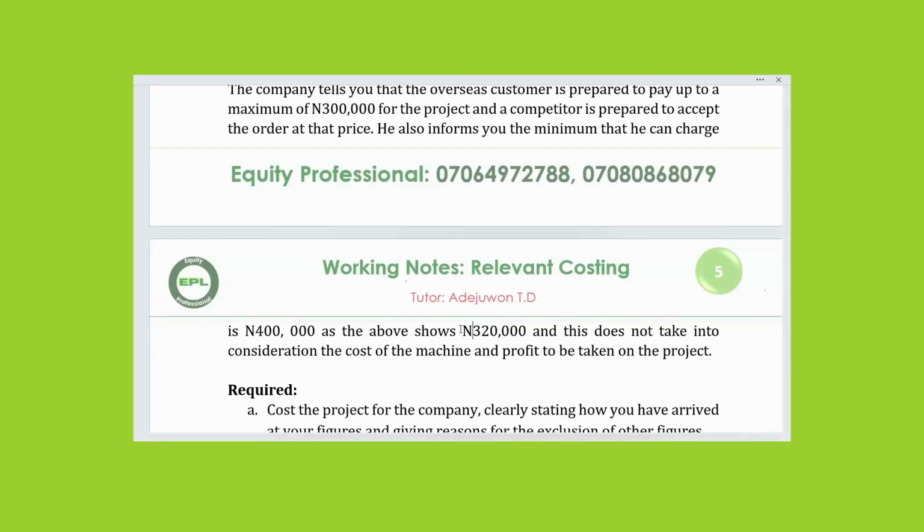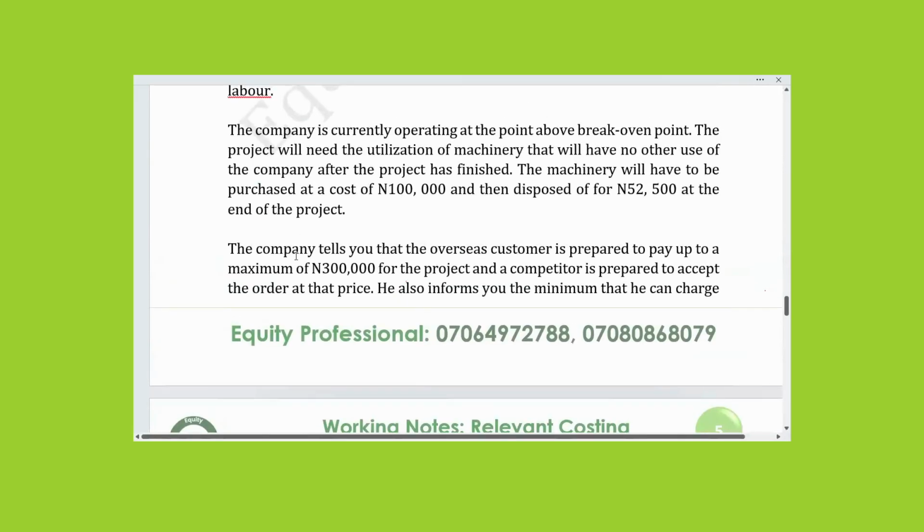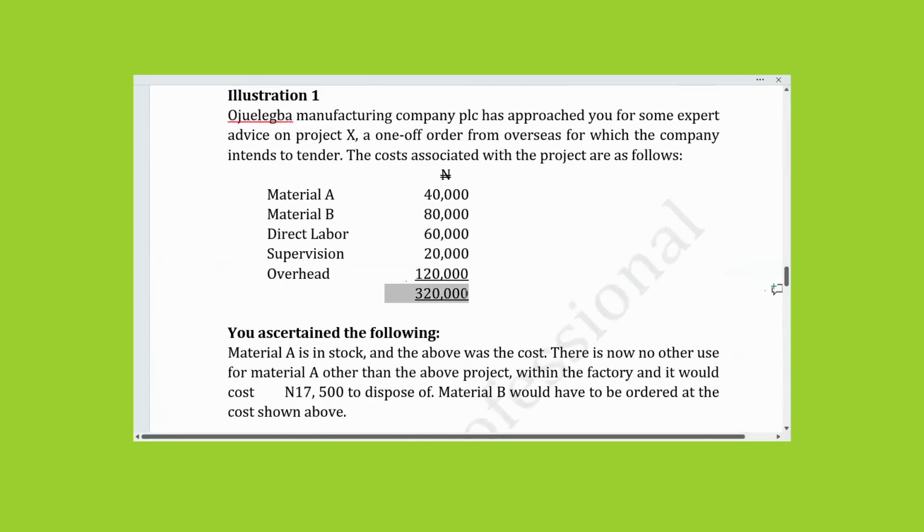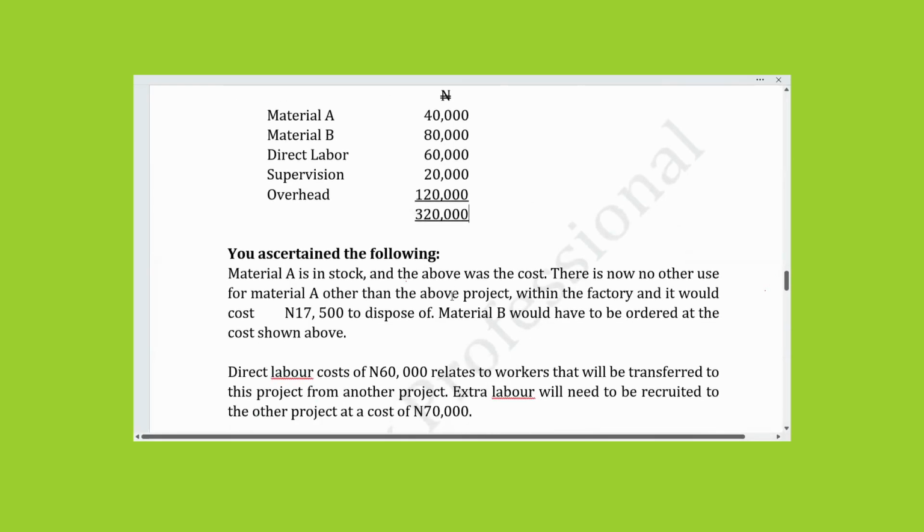So what the examiner is simply telling you here is that this has nothing to do with our calculation. The customer is willing to pay the maximum of 300,000 naira for project X, but the company is going to incur, based on their own calculation, 320,000 naira as shown in this table here. The customer's offer of 300,000 is lower than the cost the company says they are going to incur, right?